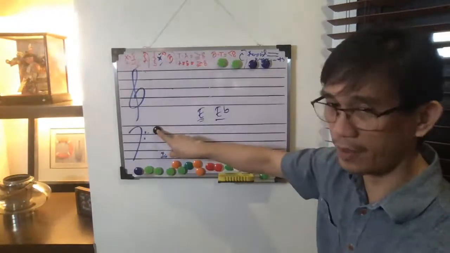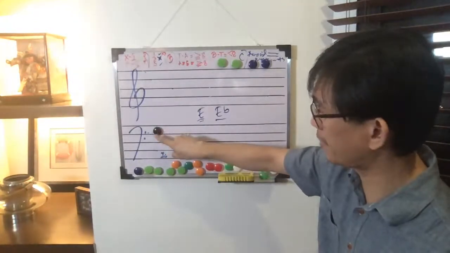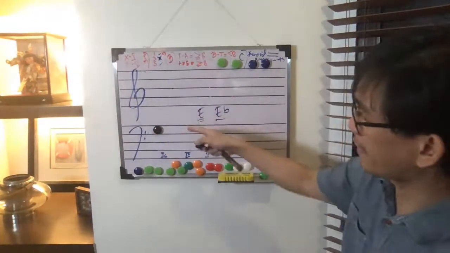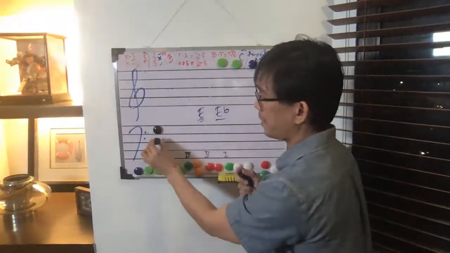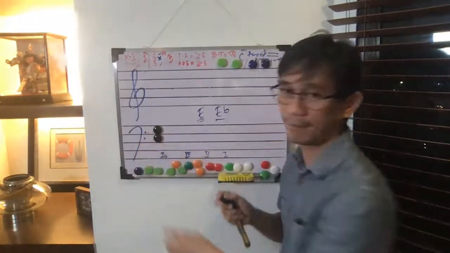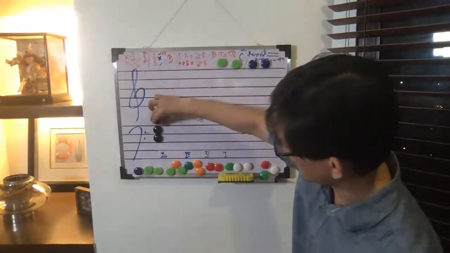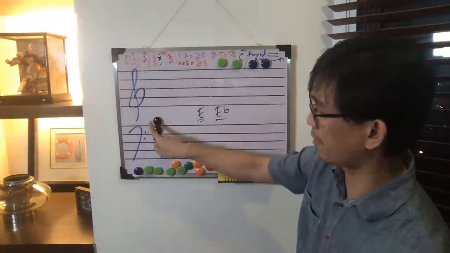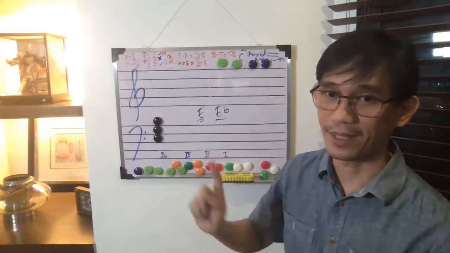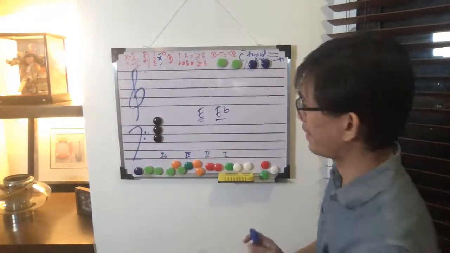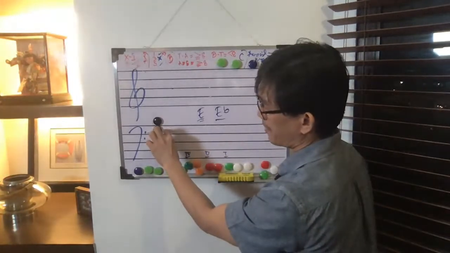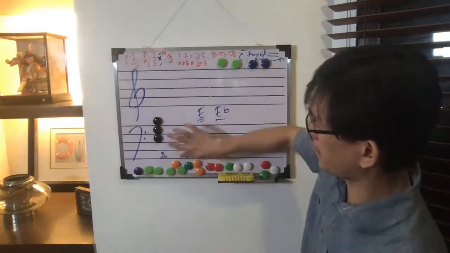Since this is the third already, then you know that the tonic could only be an E flat. Because you know that this is a major chord, and the fifth is also B flat. Because like I said, these two cannot be minor. The interval should be major.